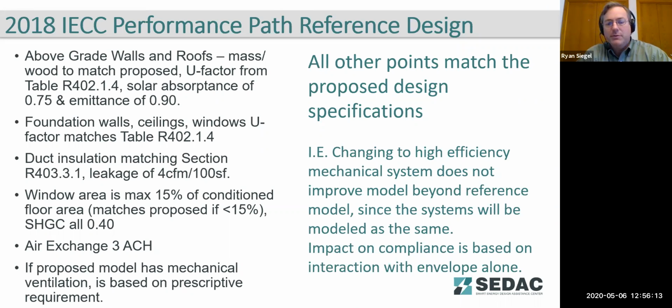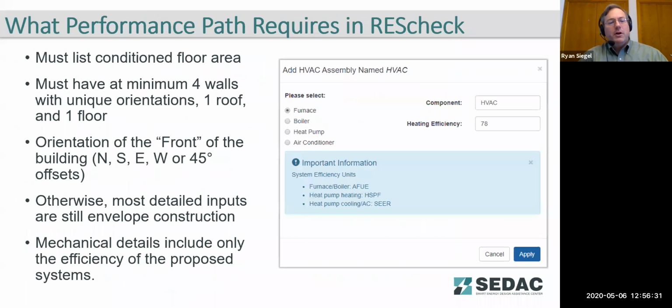So as noted here, if you use high efficiency mechanical systems, it doesn't reflect that in the model because they're both going to model it the same as high efficacy or high efficiency. So as far as performance path, noted earlier, you got to have at least 4 walls with different orientations, a roof and a floor.